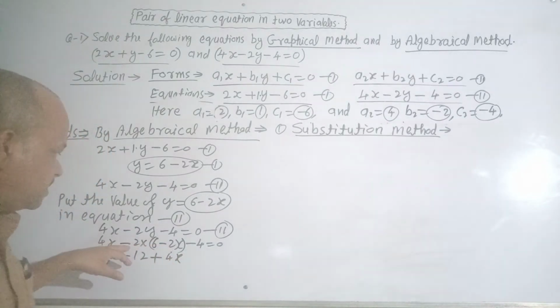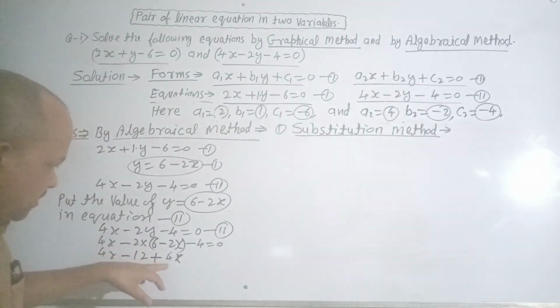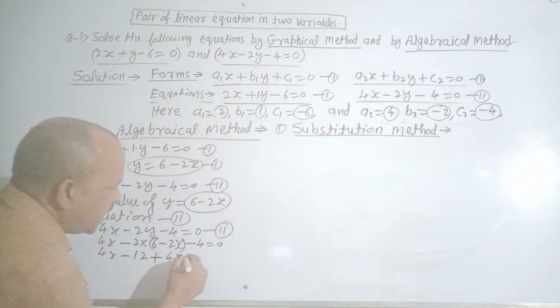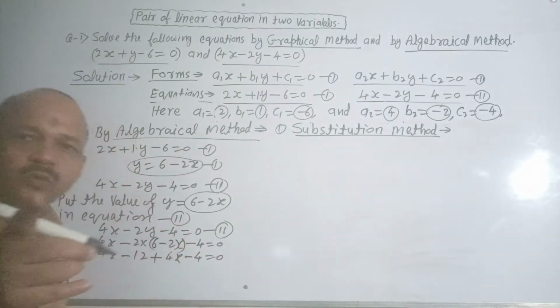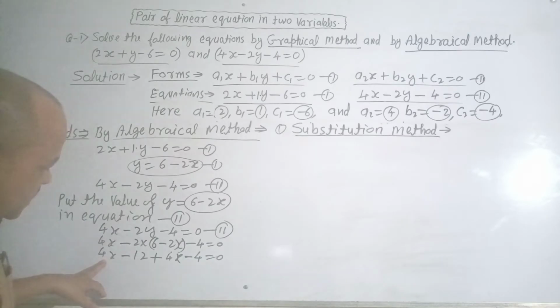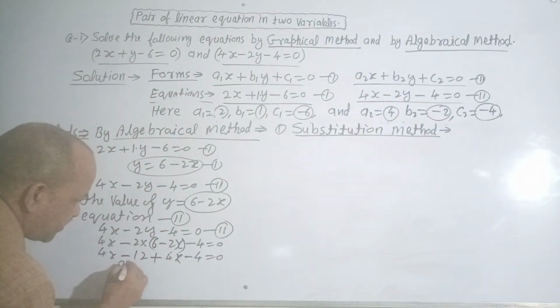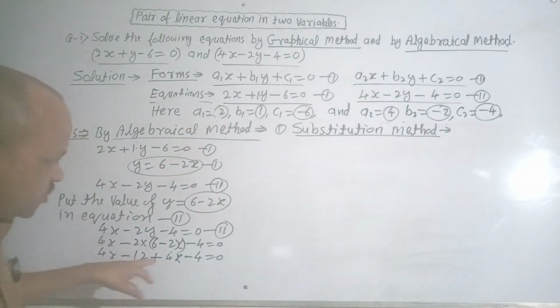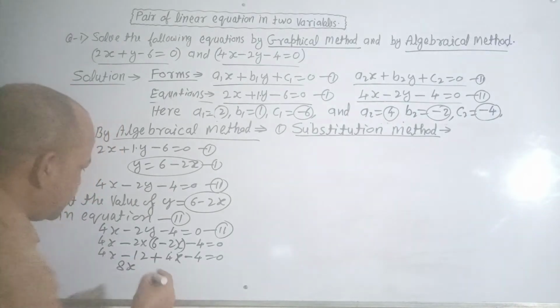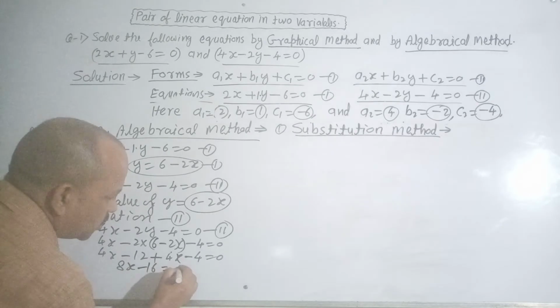Here minus 2 times minus 2x becomes plus 4x. Minus 4 equal to 0. Here 4x plus 4x becomes 8x. Here minus 12 minus 4 becomes minus 16 equal to 0.